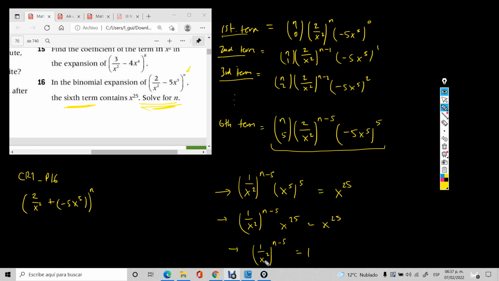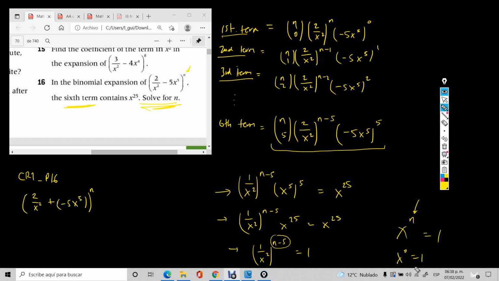And there is no other way for a number raised to an exponent to be equal to 1 than the exponent being 0. That's the only way. Any number raised to some exponent can only be 1 if this exponent is 0.